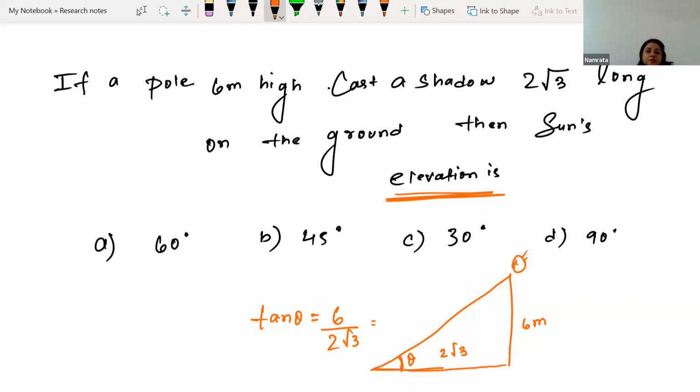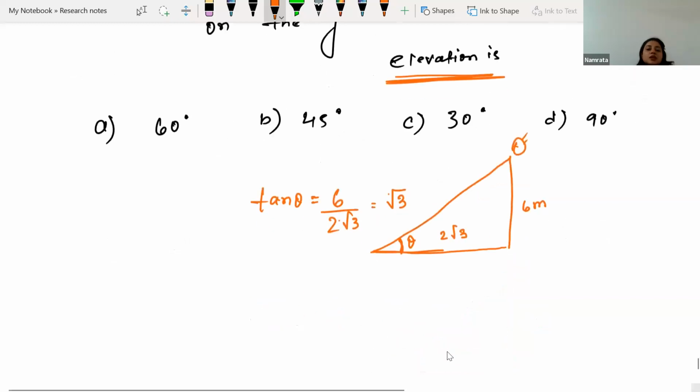And if we cancel them, what will we get? √3. So tan theta is √3, and the theta value will be 60.